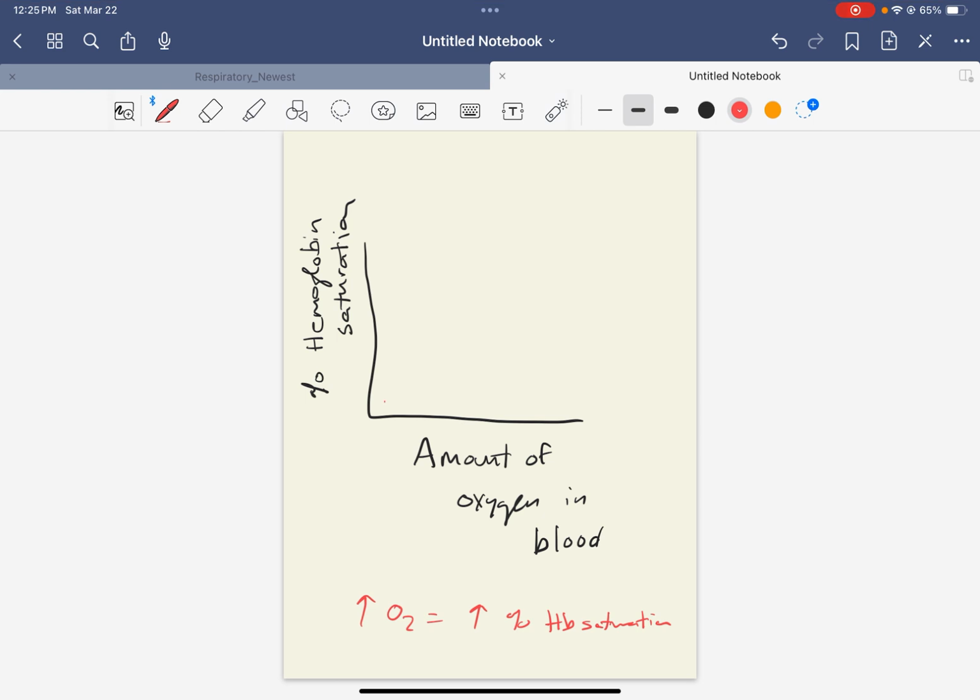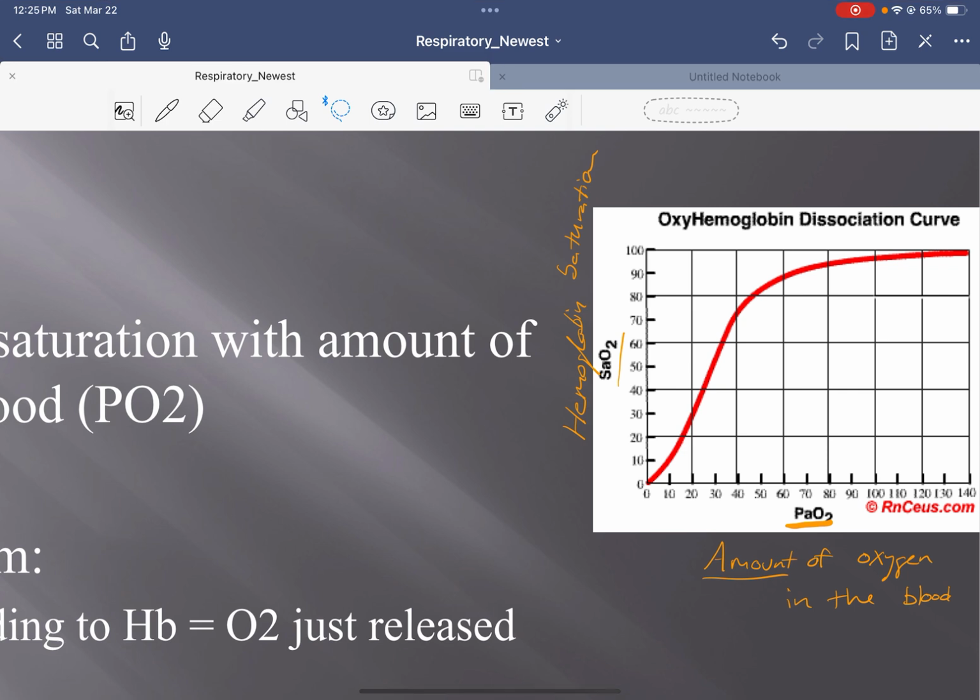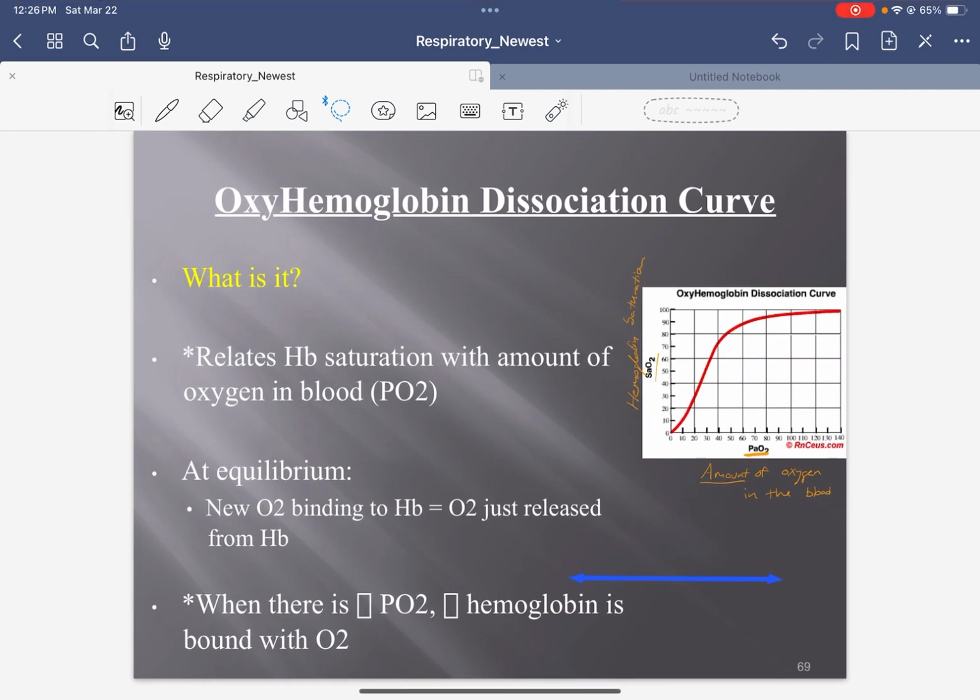Instead, it rises quickly and then plateaus. So the first thing I would do is have an idea of what this curve is relating. It's comparing the amount of oxygen in the blood with the percentage of hemoglobin that's saturated. Now we're going to take a look at the shape of the curve.